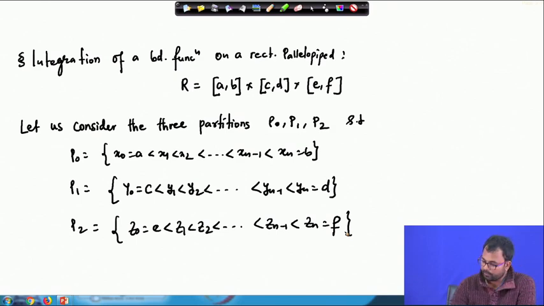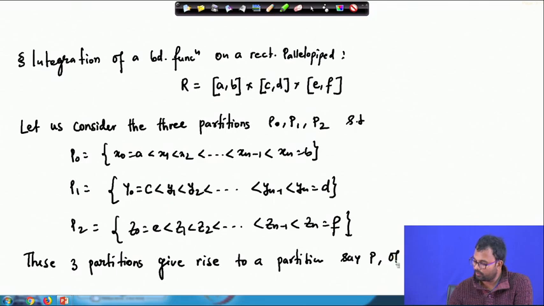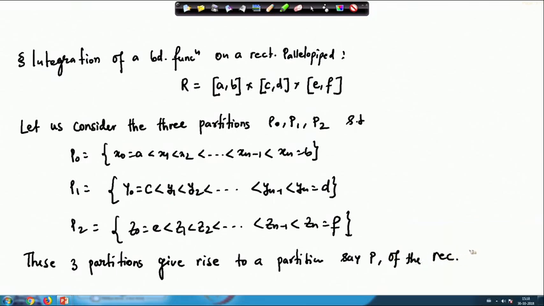Now these three partitions give rise to a new partition, say P of the rectangular parallelepiped R, which divides R into, by the way, we can have this one as xn, otherwise it will be a square.